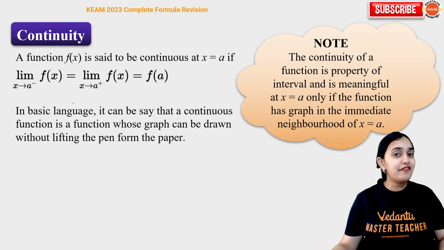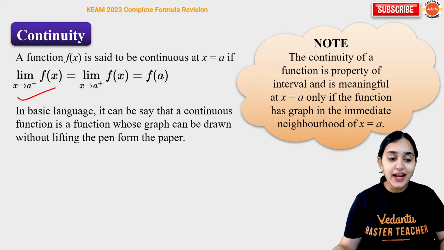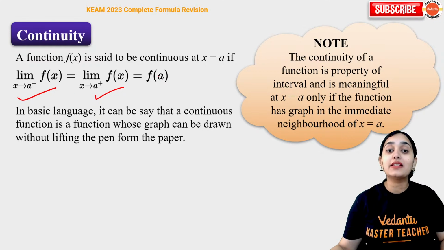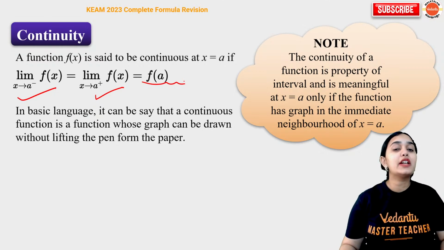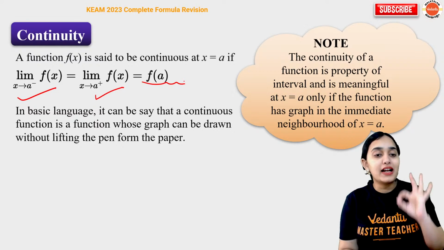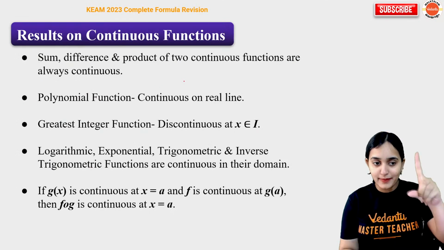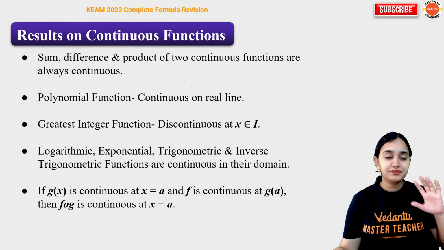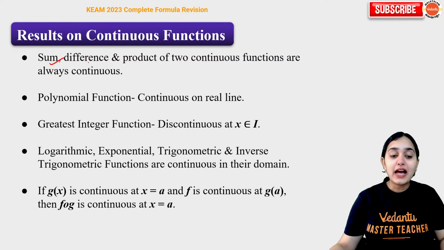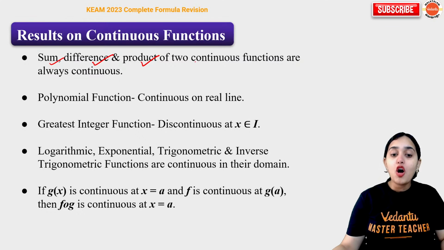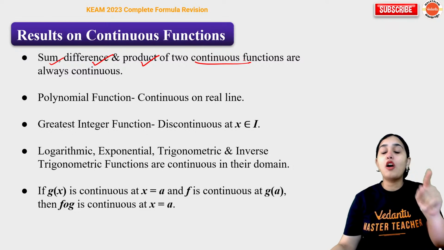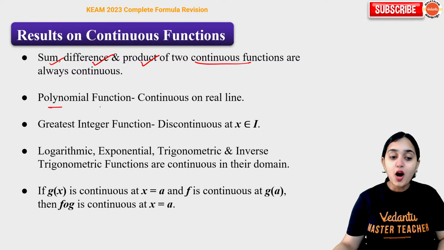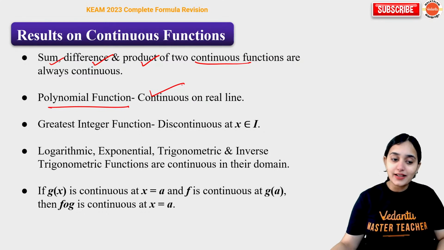Continuity. How do we check for continuity? If the left hand limit and the right hand limit are equal to f(a), we call it a continuous function at a. Remember the results of continuity. Sum, difference, product of two continuous functions is always continuous. Polynomial functions are always continuous.